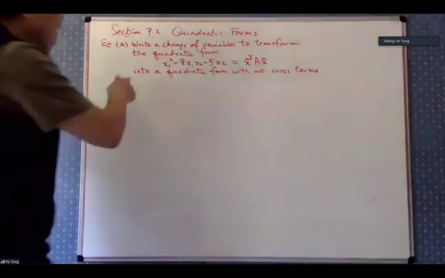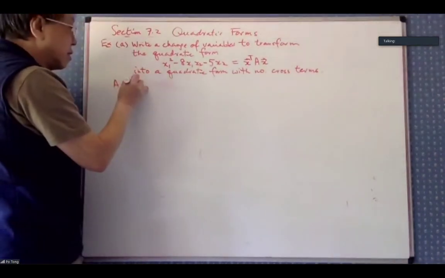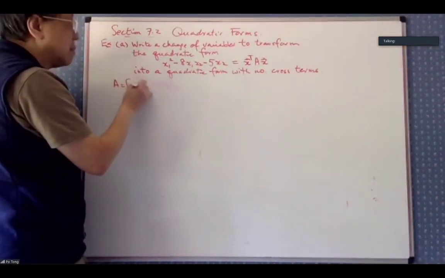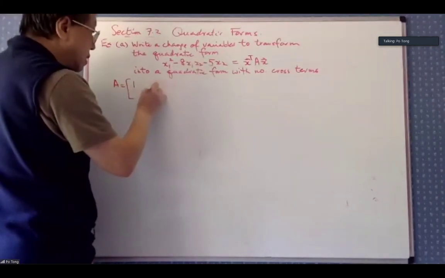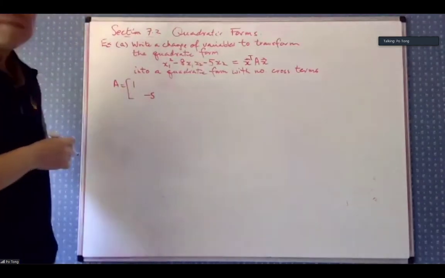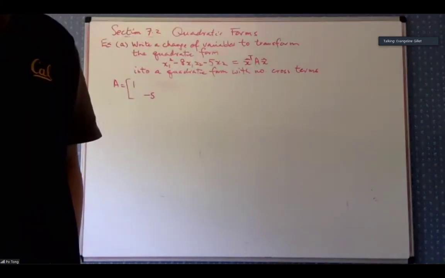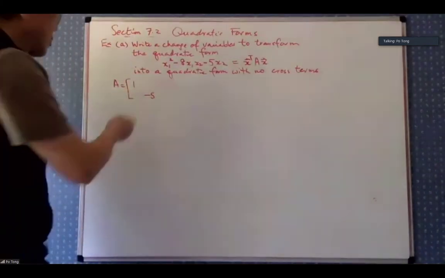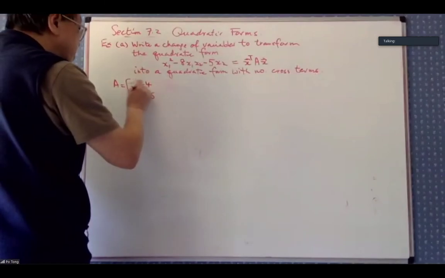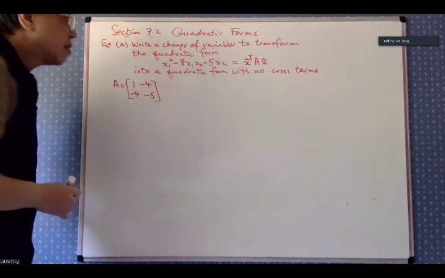The first entry here is 1. This other one will be here. How about the off diagonal? It will be -4, half of -8.